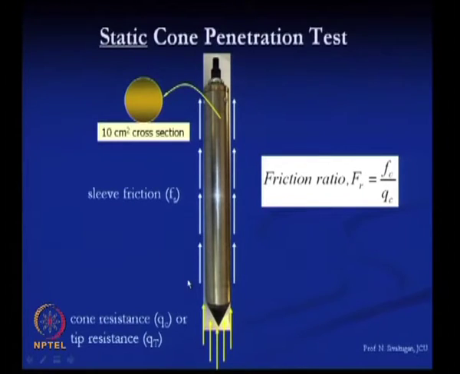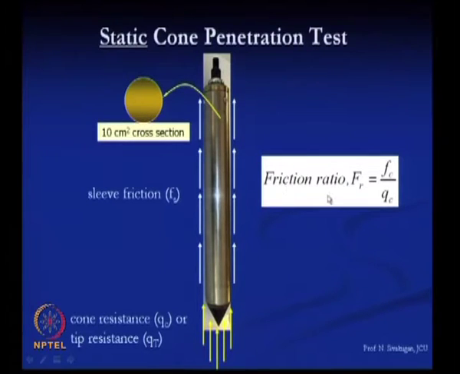Here, this is the cone, where we get the cone resistance Qc, and in this portion we get the frictional resistance Fs. The cross section area of the base is 10 centimeter square.